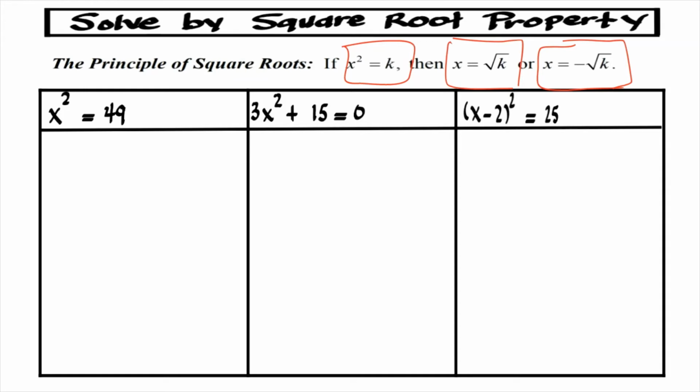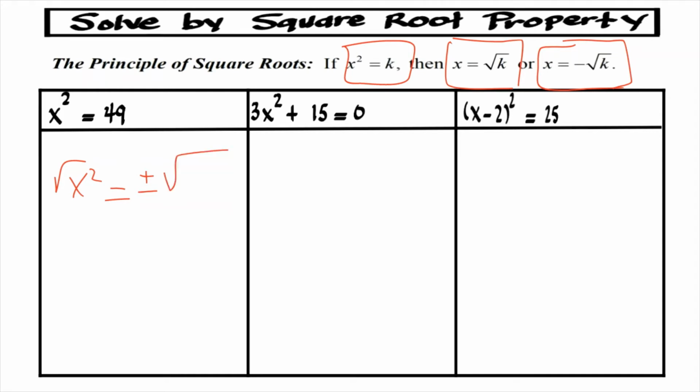So in order to solve by square root property, the first thing I need to make sure is that I isolate my x squared on one side, and it seems like my x squared is isolated already, so I take the square root of my x squared. Then I have to use plus or minus because I have a positive solution and a negative solution.